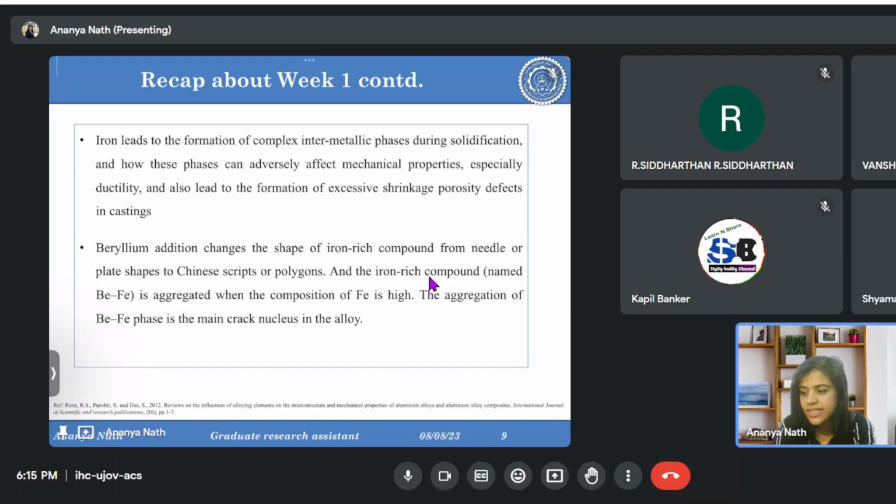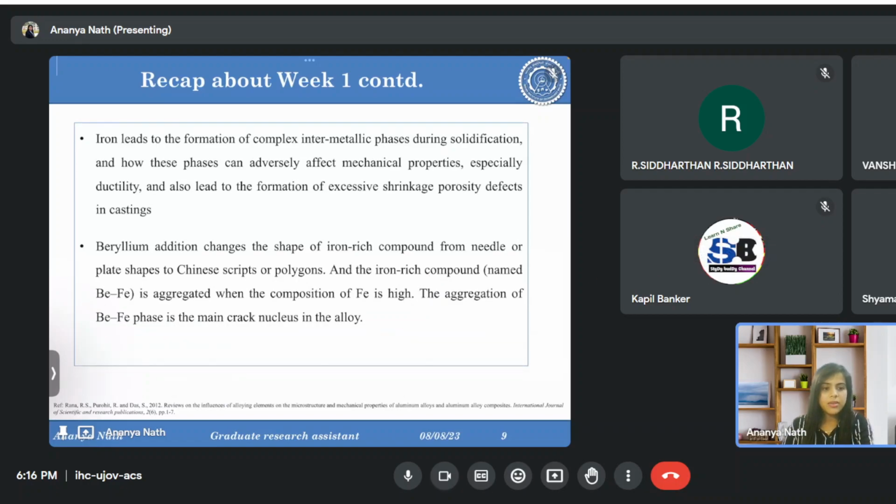Anyway, these are some more literature review. Iron leads to the formation of complex intermetallic phases during solidification, and always remember, aluminum is ductile, but if we can make an intermetallic formation inside the metal, it will obviously act like a brittle site or strengthening site for that particular metal.